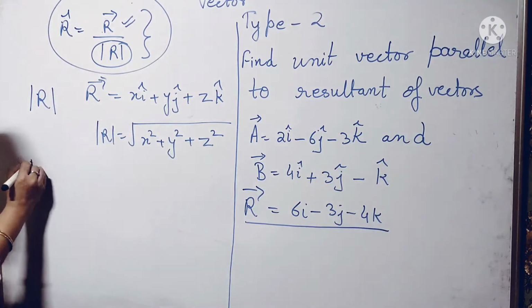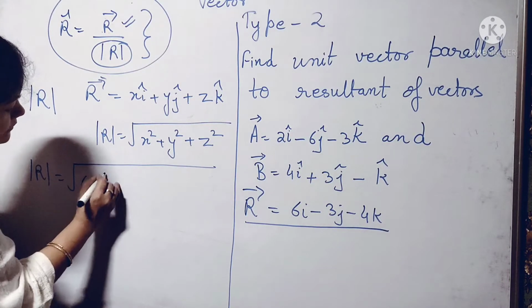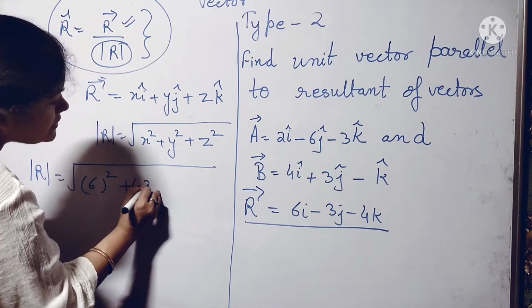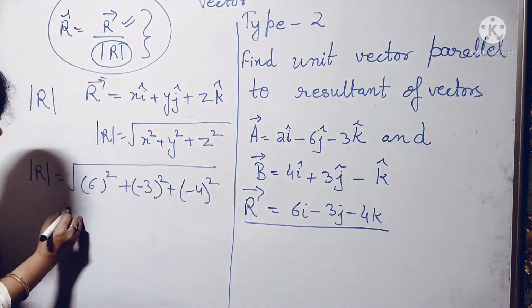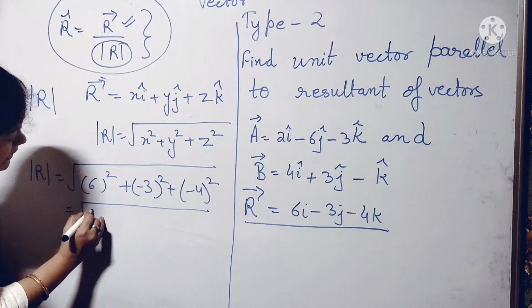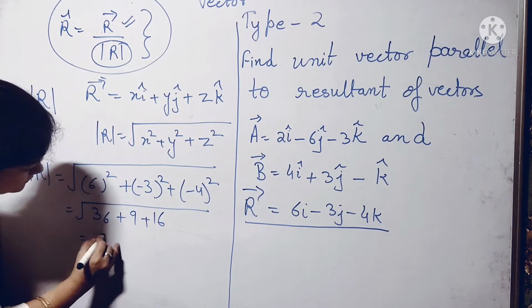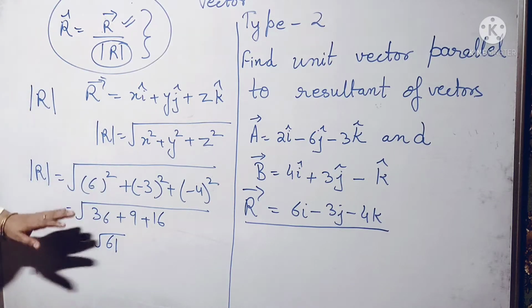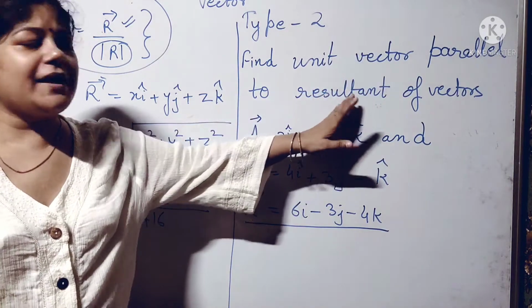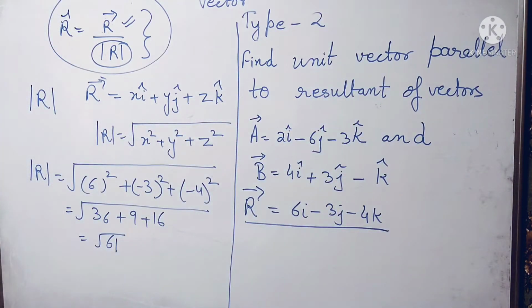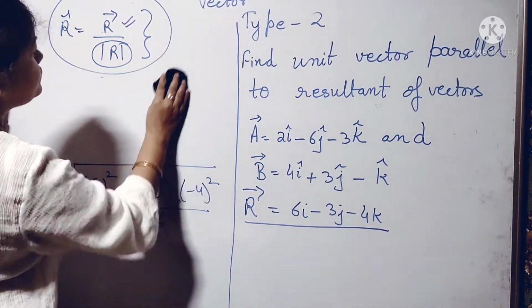So in this way mod of R is equal to under root 6 square plus minus 3 square plus minus 4 square. When we solve, we get ultimately root 61. But this is the magnitude of the resultant, and here we have to find the unit vector parallel to the resultant. So we just write the answer over here in this way.